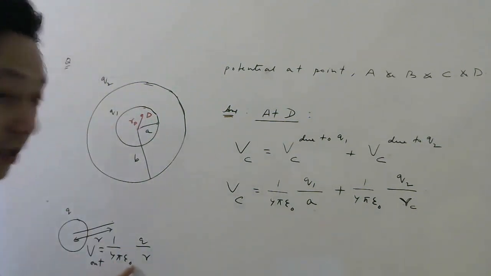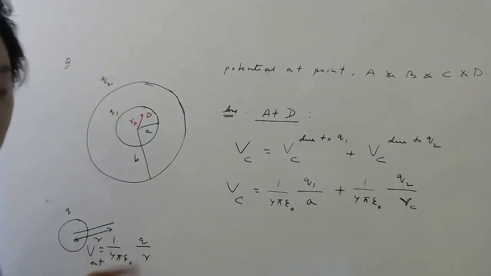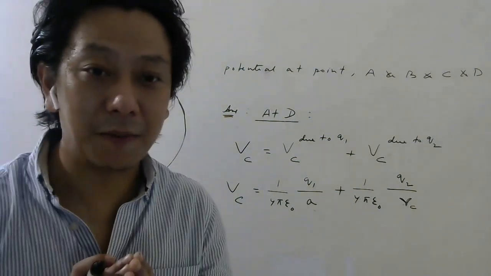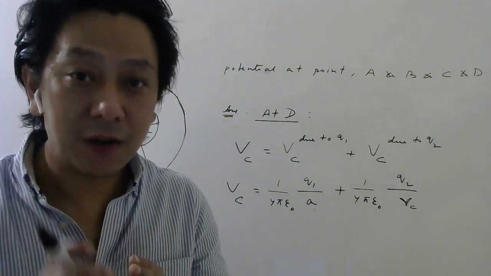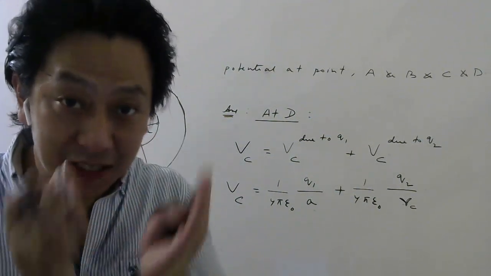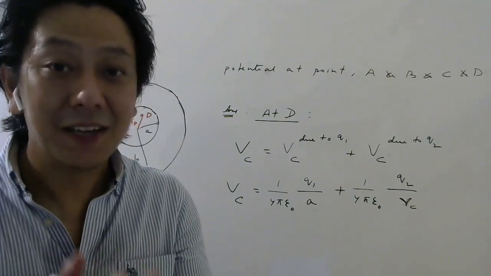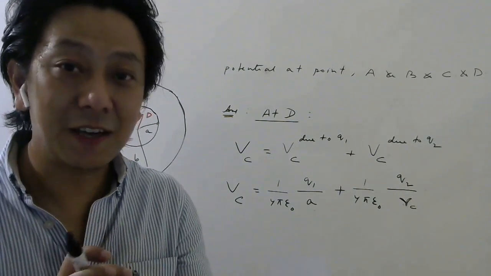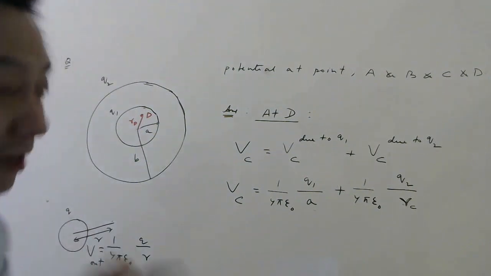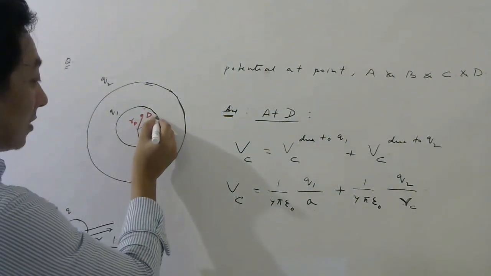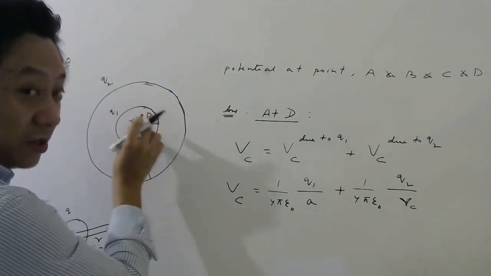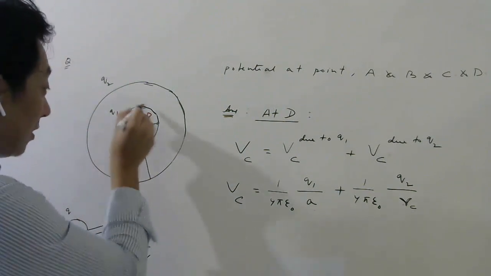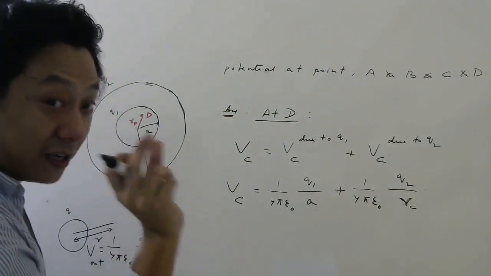Okay, that formula is only when the point is outside. When it is inside, students, again and again I'm telling, when you want potential at a point inside the shell, then the potential inside the shell will be same as on its surface. So on its surface, if I say what would be the potential, we have to use 1 by 4 pi epsilon naught, the charge, divided by the radius of the shell.